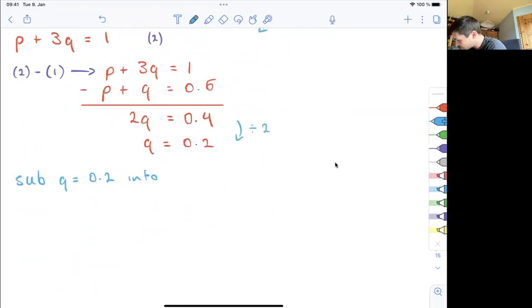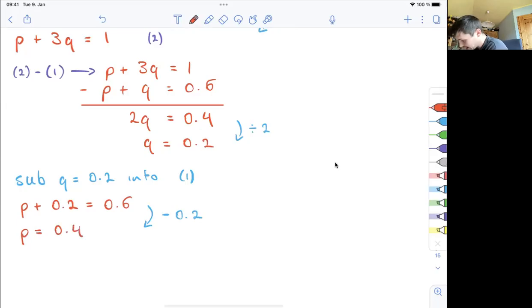So we're going to sub that into equation 1, and so that's going to be p plus 0.2 is equal to 0.6, and then we'll subtract 0.2 from both sides, which will get our p by itself, and we get p is equal to 0.4. And then that is the answer to part A.